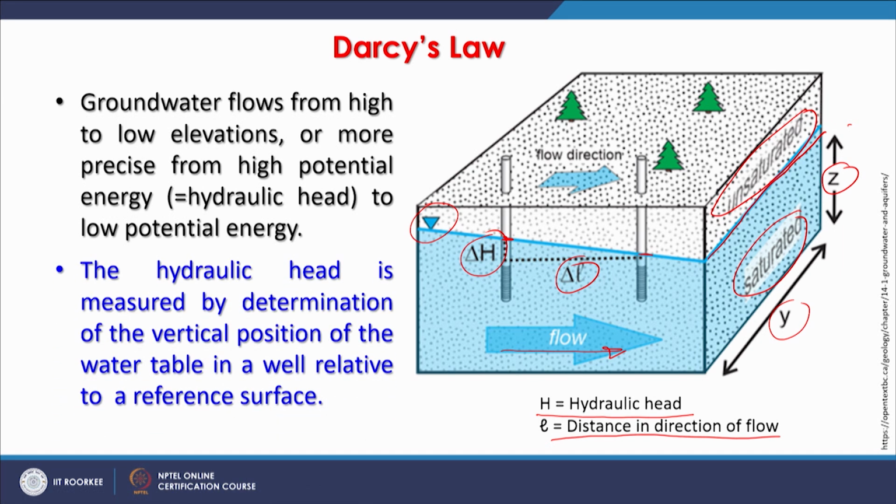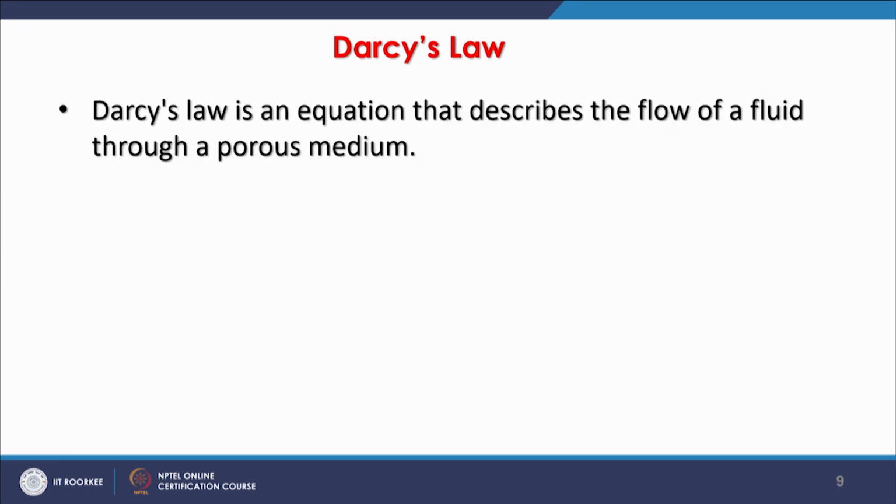So, the hydraulic head is measured by determination of the vertical position of the water table, which we are doing in this figure through tube X or well X and Y. The reference surface here is above mean sea level, not the topographic surface, because the topographic surface may mislead and you may get the hydraulic head value a little wrong. So, always convert water level to water table.